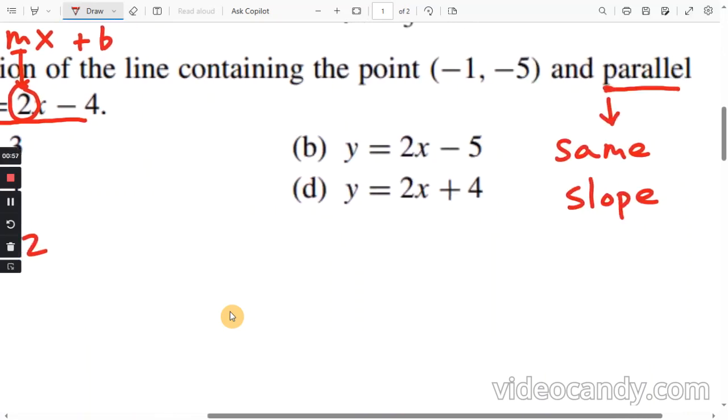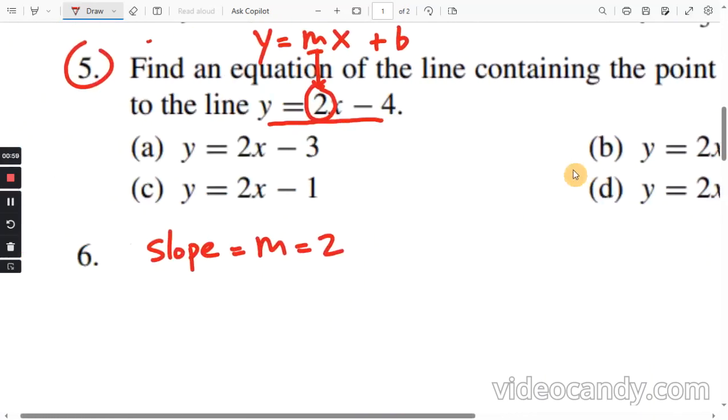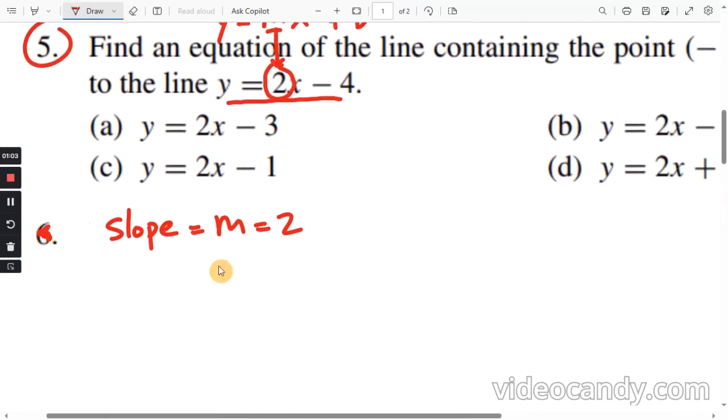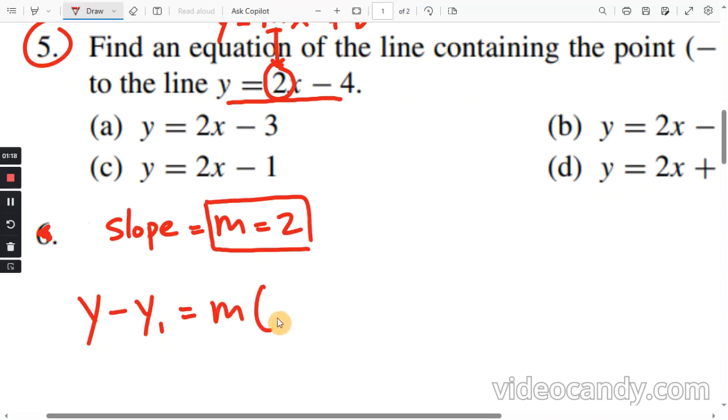All right, because we said the parallel lines have the same slope, so we're going to keep that positive 2. So we need to use m equals 2. And for the new line, I'm going to use the equation y minus y1 equals m times x minus x1.